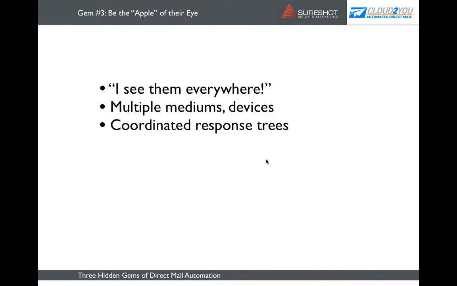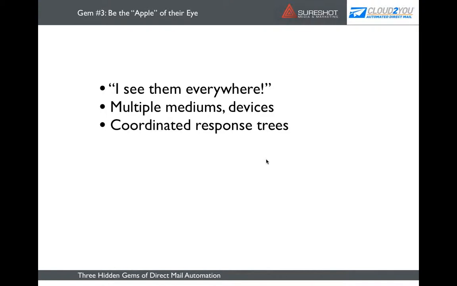Then you start to be really powerful and coordinated, without a ton of effort, because you can now focus the time you used to spend on all this administration inside the message, creating those really fun offers and storylines around how you want to communicate with your prospects and customers. So that's my encouragement, to take advantage of these things, to be the apple of their eye, and regardless of your size, this gives you the capability to do that.